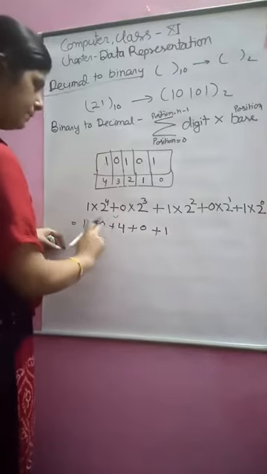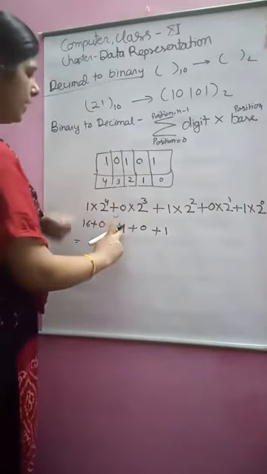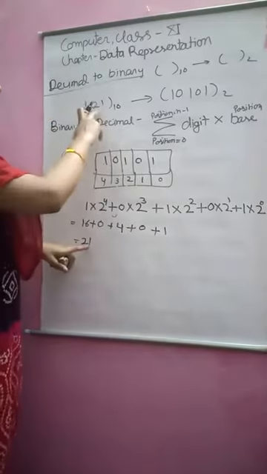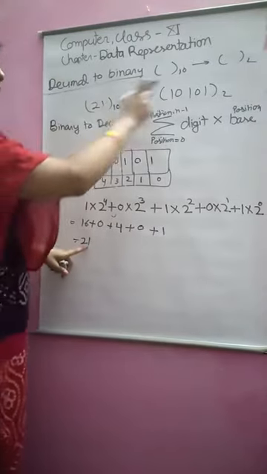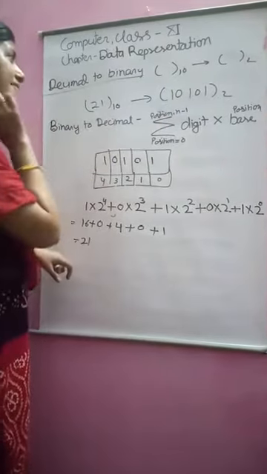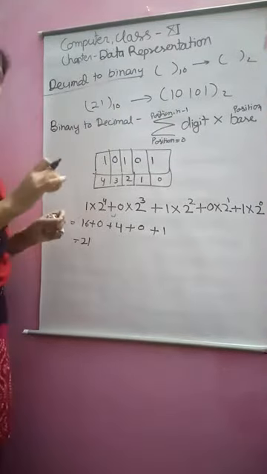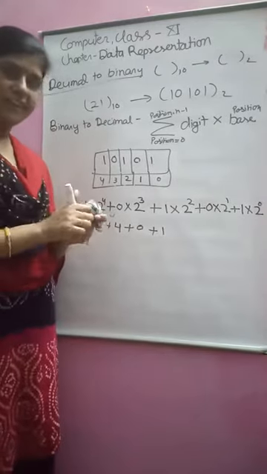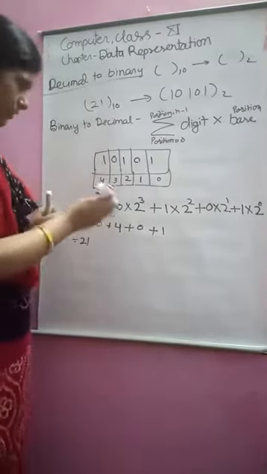That is 16 plus 4 is 20, and 20 plus 1 is 21. It is the same, which means you have converted to the correct binary number. This is also a check that you have converted correctly or not.